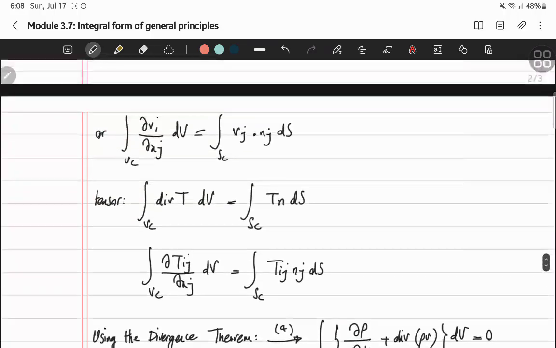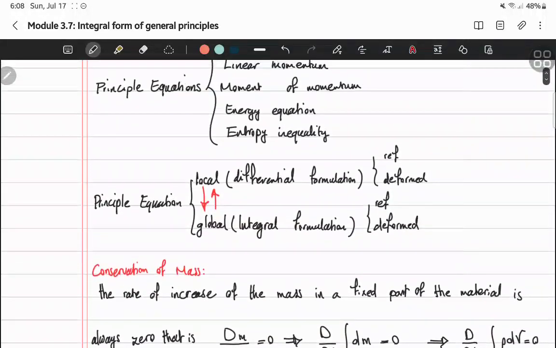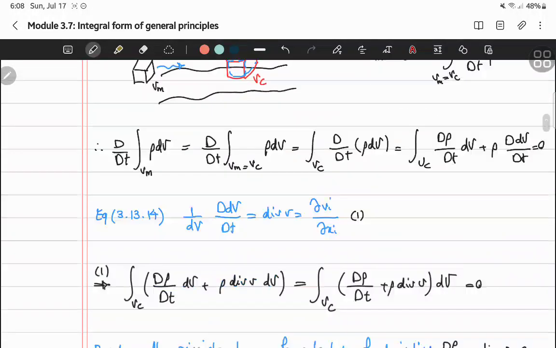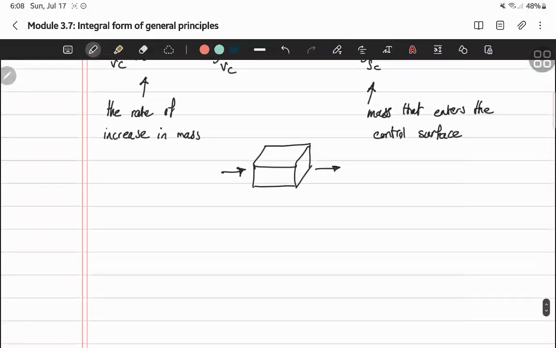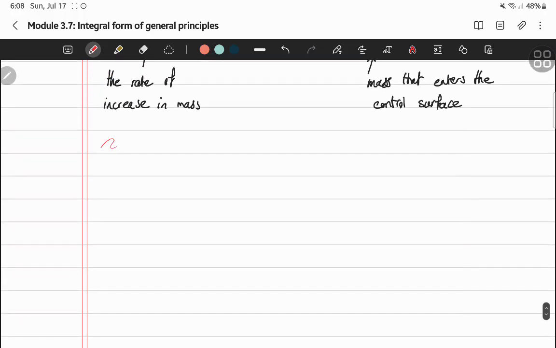Therefore, the conservation of mass says that this rate of increase in mass in a fixed part of the material is always zero. So whatever input you have, you will have that as the output. And that's all about the conservation of mass. Now let's get to the next topic, which is the principle of linear momentum.